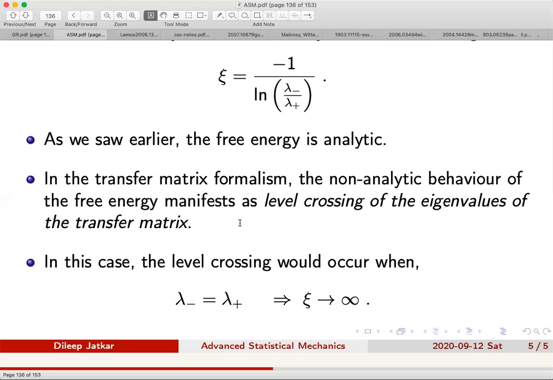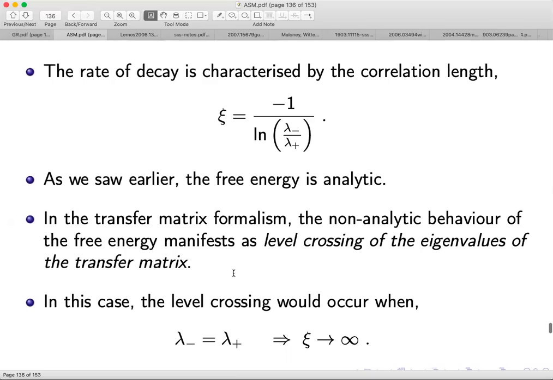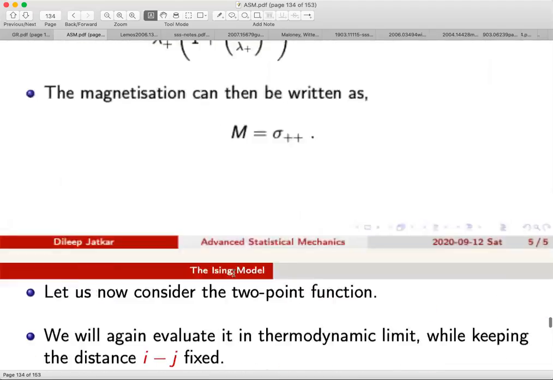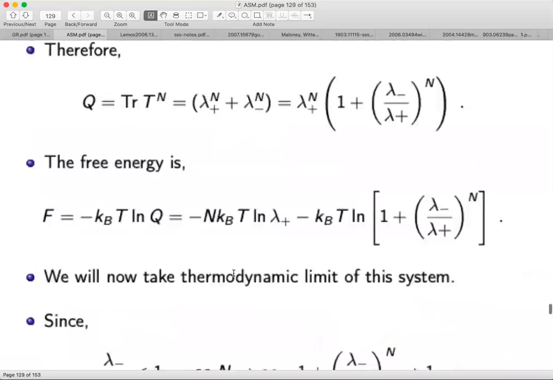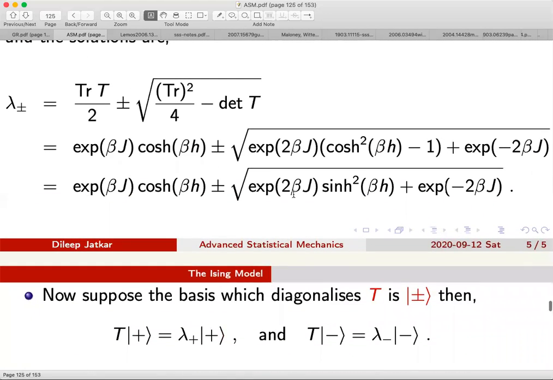So if that is a thing to look at, then we would want lambda minus to become equal to lambda plus, and such a thing would happen. Something we had seen actually. Maybe I can just go back. This will happen in the absence of external magnetic field, and it would happen when the temperature is 0.